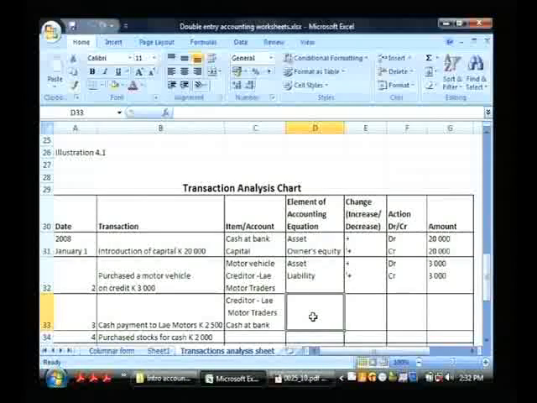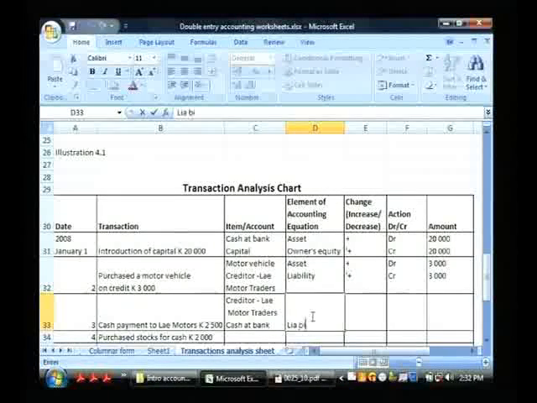Creditor is a liability, and cash at bank is an asset.